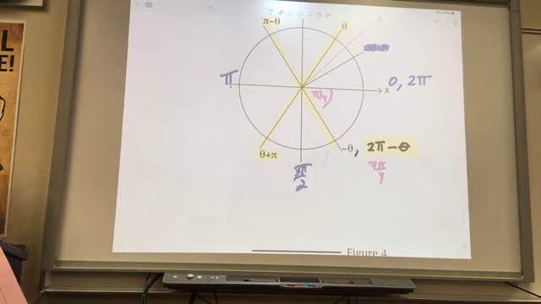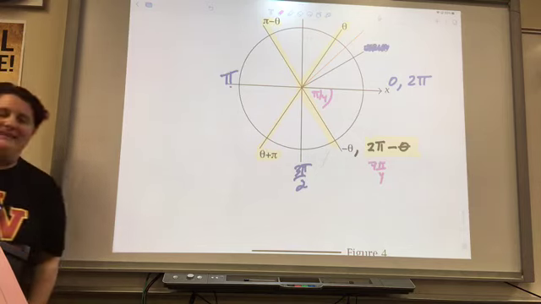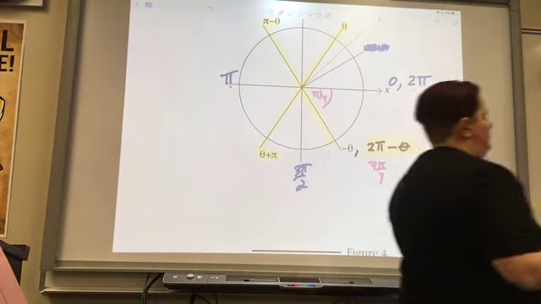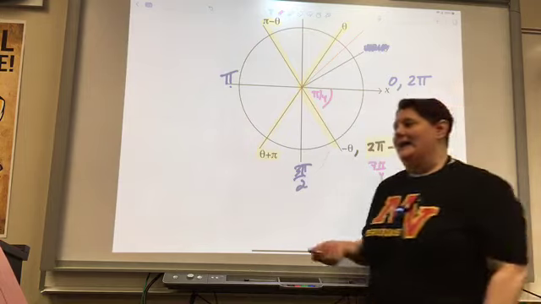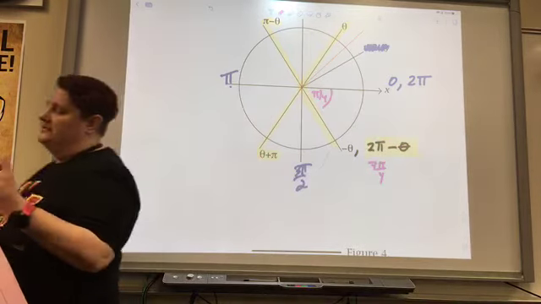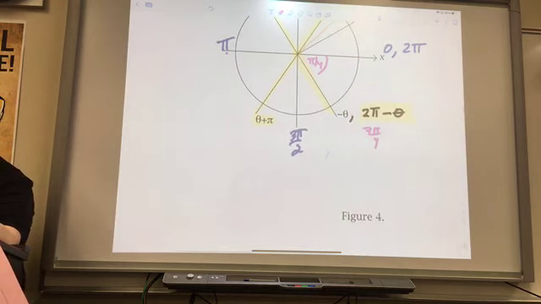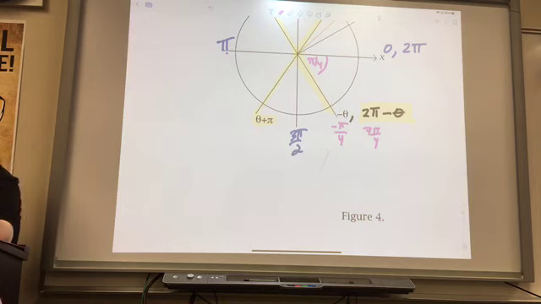Now, the only time that you have to be very careful about this is when we're doing something called inverse trig functions, which we'll get to: inverse sine, inverse cosine, inverse tangent. The problem with those is that they're only defined in certain quadrants. So for sine and tangent, we call it negative pi over 4. We don't call it 7 pi over 4.